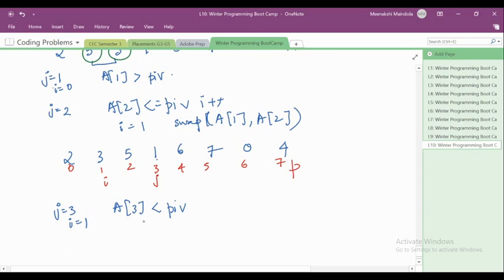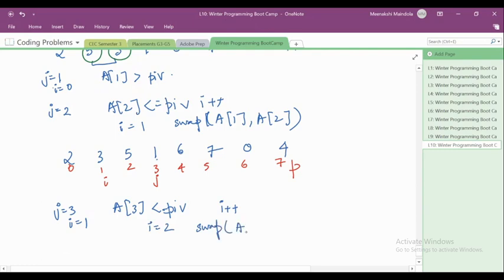Pivot element is greater than this value. So what happens in this case? If a of j is less than or equal to the pivot element, you simply increment the value of i, which now becomes 2, and you swap these values.